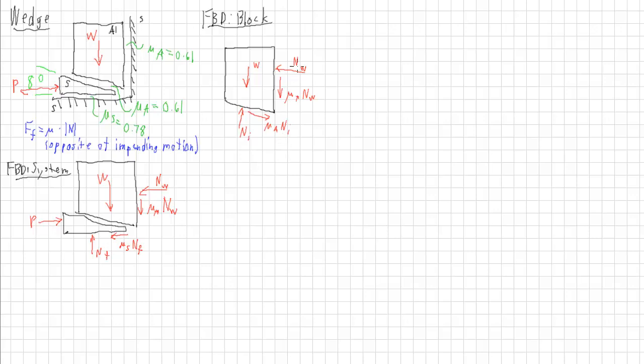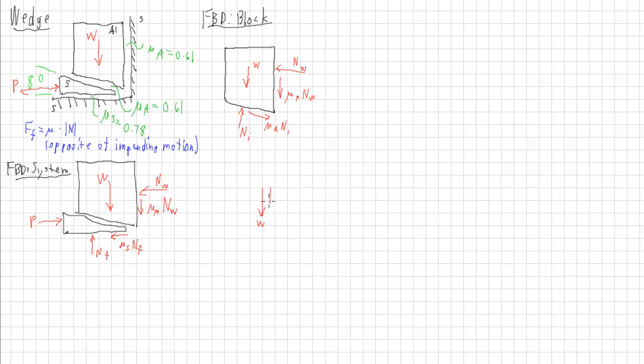And we will take these forces and put them together in just a concurrent force diagram. Although they're not really concurrent forces, they still all have to add up to 0.